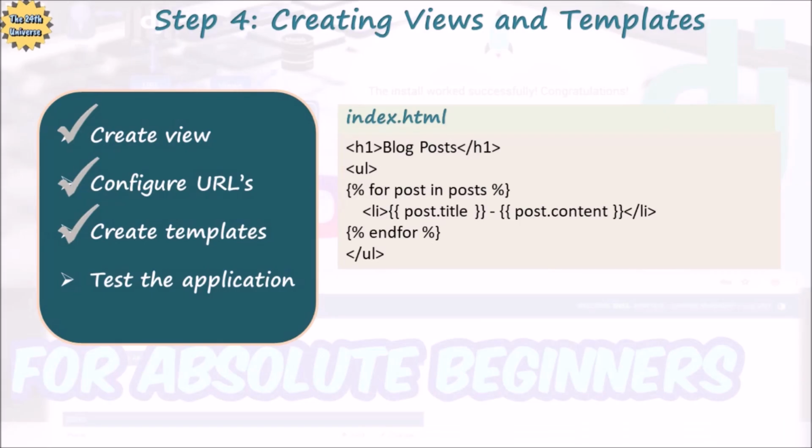Here, in curly brackets, percent for post in posts, percent loops through each blog post. And in curly brackets, post.title displays the post title, and in curly brackets, post.content displays the post content.